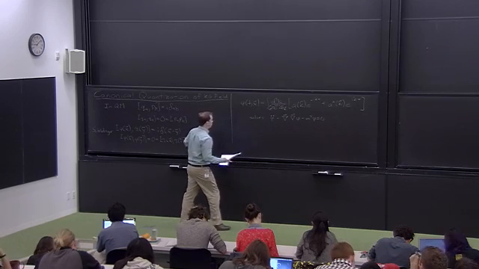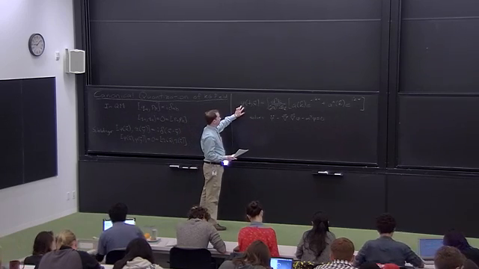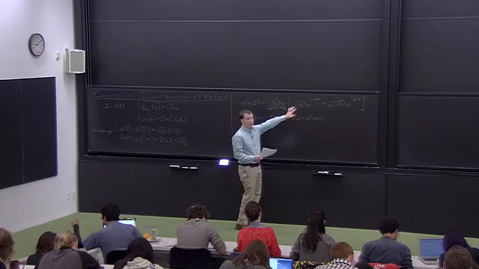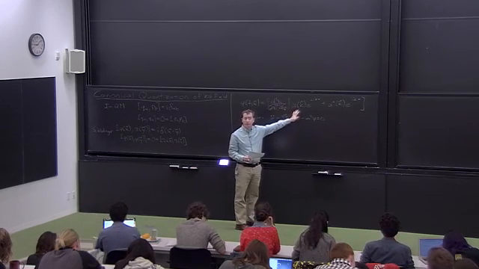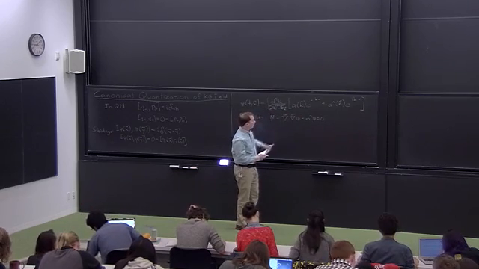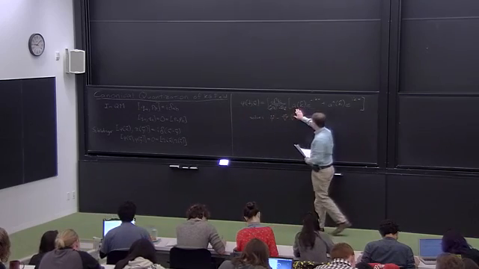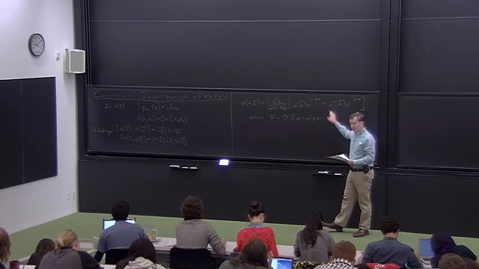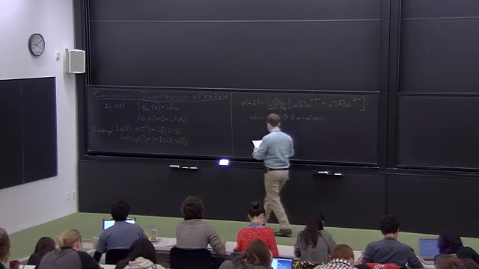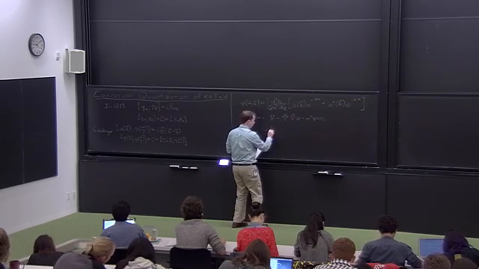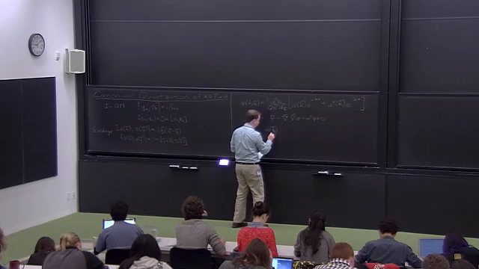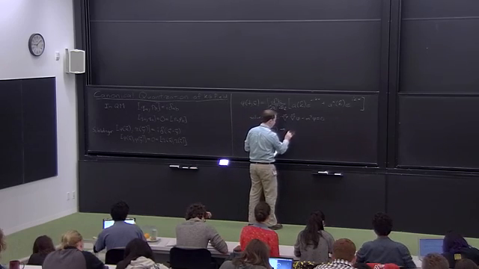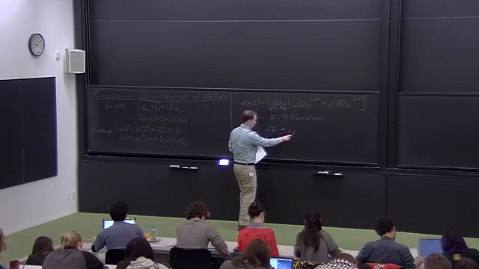And so if we promote the field to an operator, we need to promote something on the right-hand side of this equation to an operator as well. And what we're going to do is promote these coefficients, A and A star, to operators. These functions will become, after quantization, operators, which I'll indicate by subscripts.